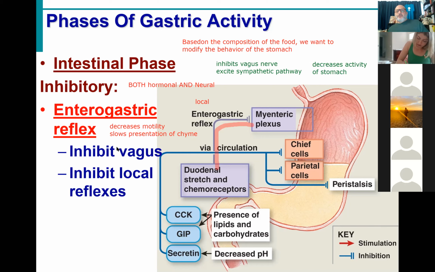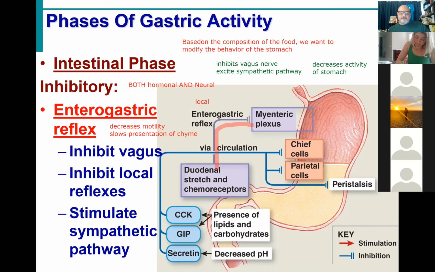So this enterogastric reflex affects both the short and the long reflexes. A strong neural component.